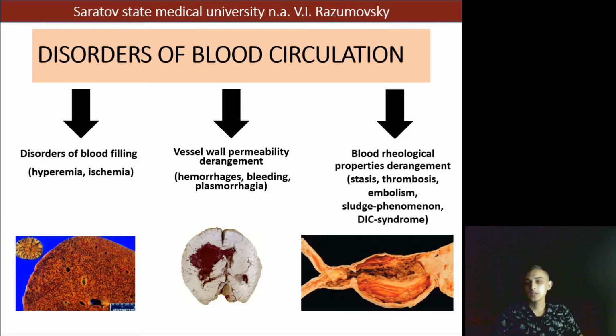Second group is vessels wall permeability derangement. It will be hemorrhages, bleeding and plasmorrhagia. And last group will be associated with rheological properties derangement, in which we find stasis, thrombosis, embolism, sludge-phenomenon and DIC syndrome.